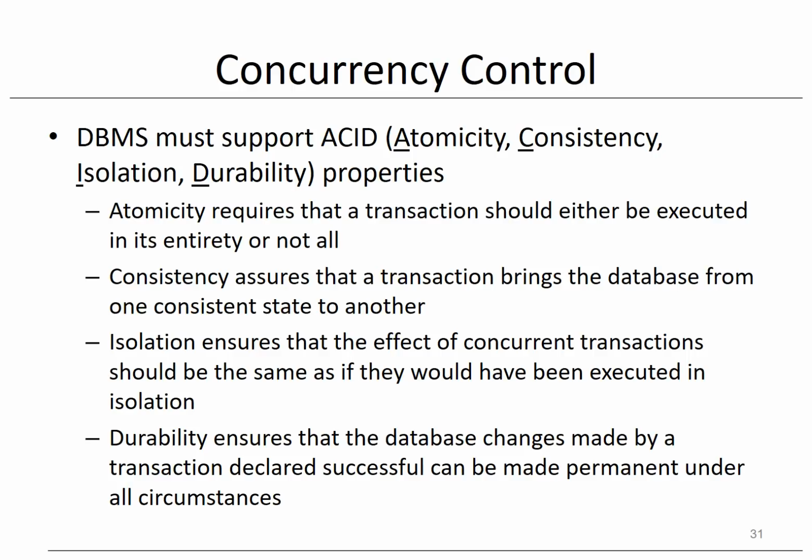Consistency assures that a transaction brings the database from one consistent state to another. Isolation ensures that the effect of concurrent transactions should be the same as if they would have been executed in isolation. Finally, durability ensures that the database changes made by a transaction declared successful can be made permanent under all circumstances.